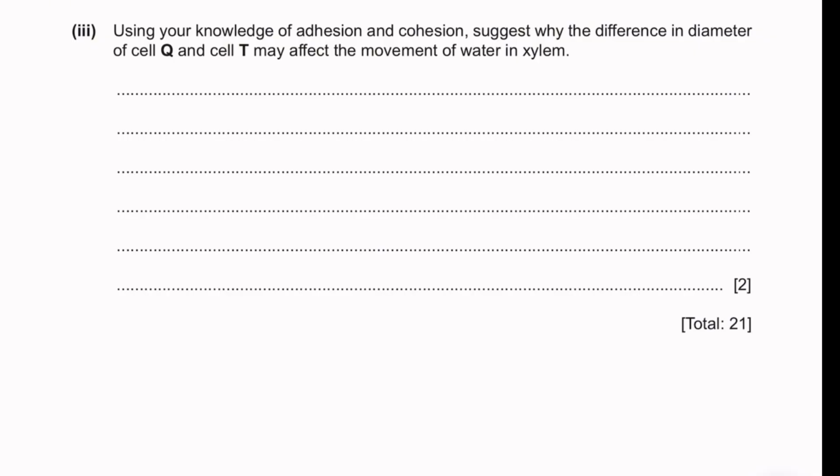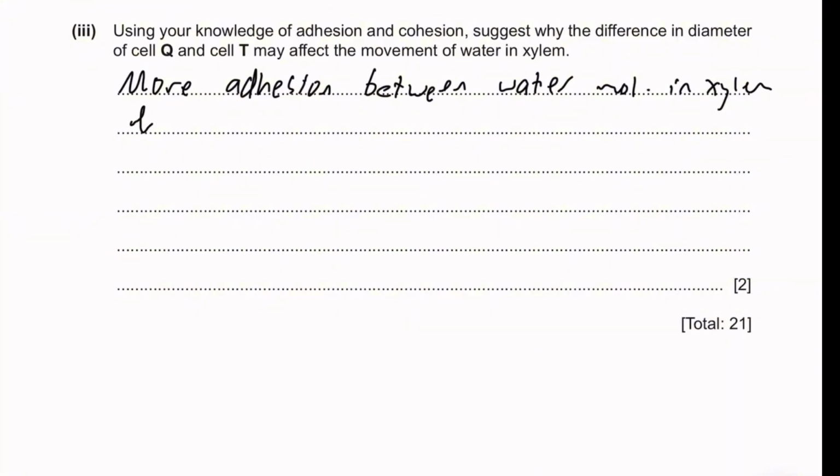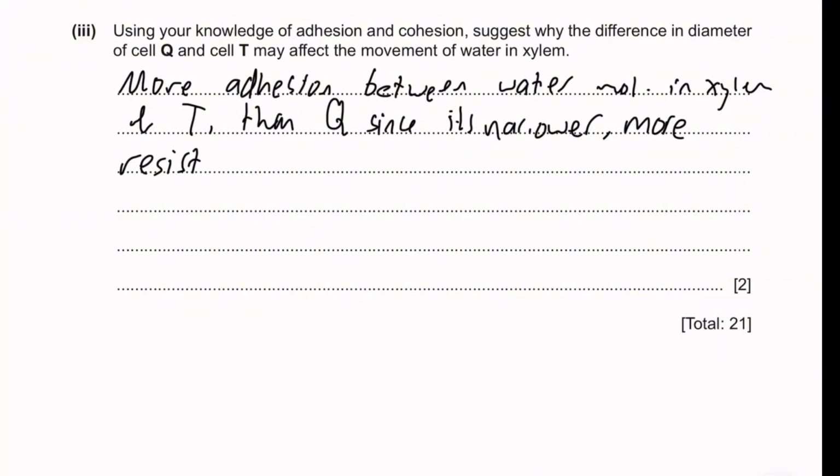Let's write that down, okay? Between water molecules in xylem of T than Q, since it's narrower, more bonds will form, and more resistance, so slower flow in T than Q, since it's also narrower.